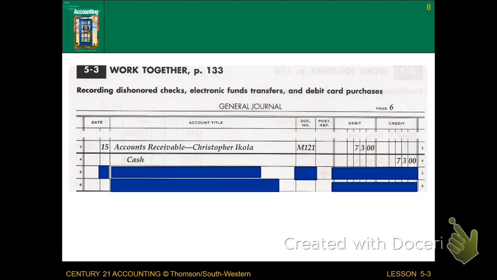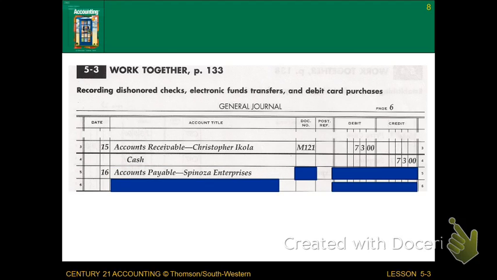In our example on the work together for 5-3, March 16th, according to the textbook, we paid cash on account to Spinoza Enterprises for $135 using EFT, in accordance with Memo 122. Since we paid cash on account, the first thing we do is decrease our accounts payable to Spinoza Enterprises.